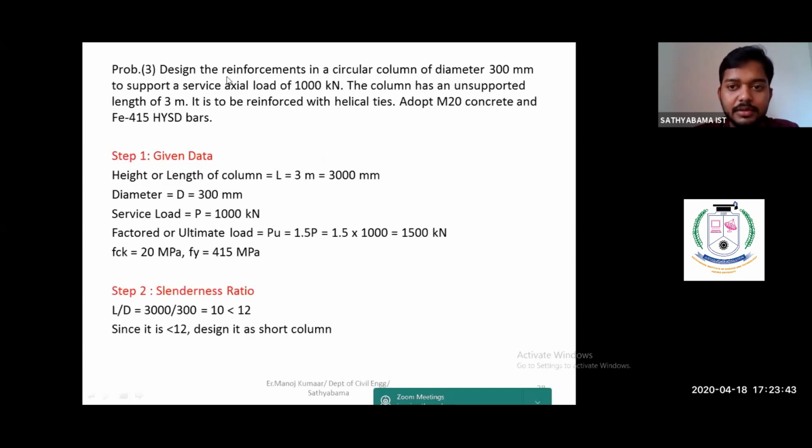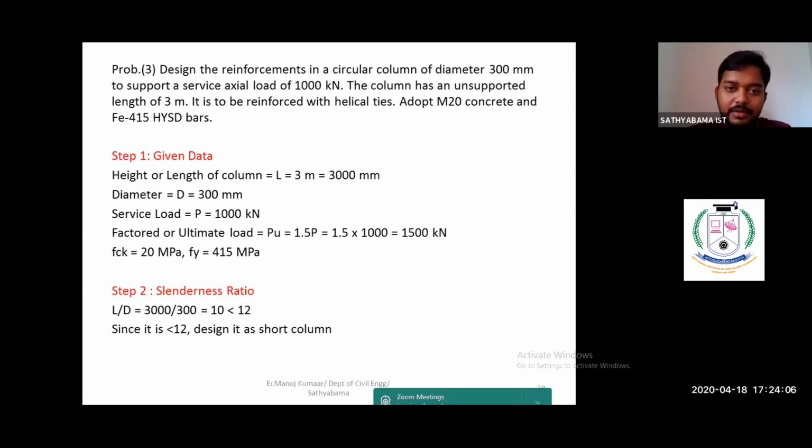Next, now take down the question. Design the reinforcements in a circular column of diameter 300 mm to support a service axial load of 1000 kN. The column has an unsupported length. Unsupported length means the clear height of the column, 3 meters. It is to be reinforced with helical ties, not individual lateral ties.